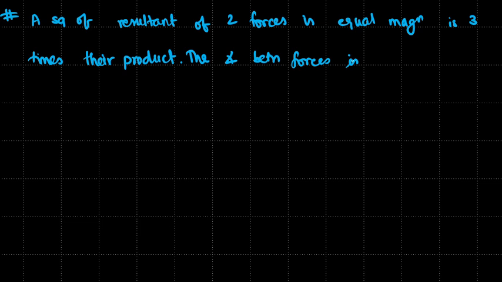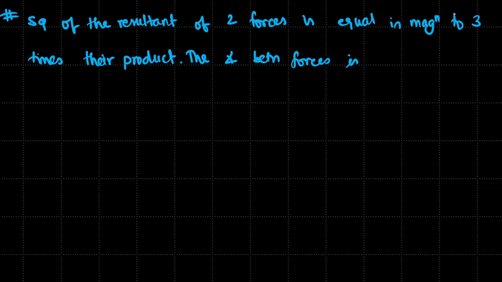Square of the resultant of two forces is equal in magnitude to three times their product. Not sure this is the question, but I will fix it as we go on.